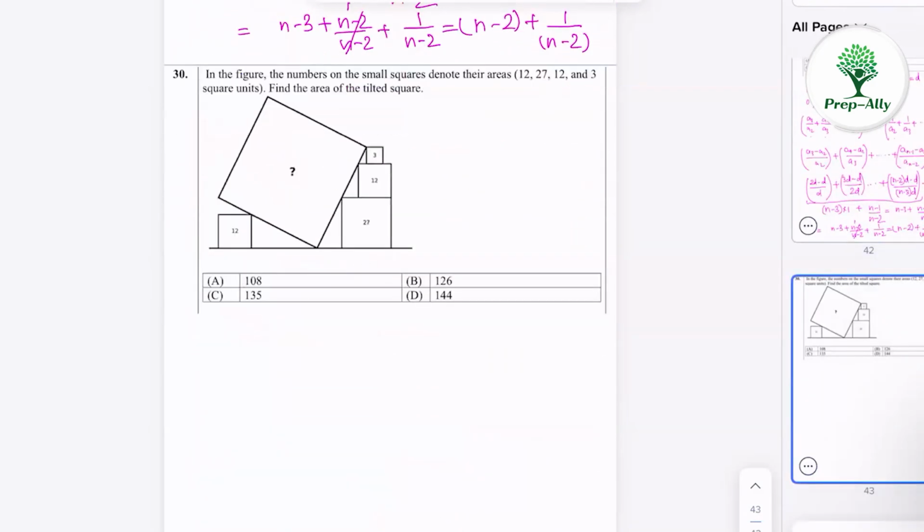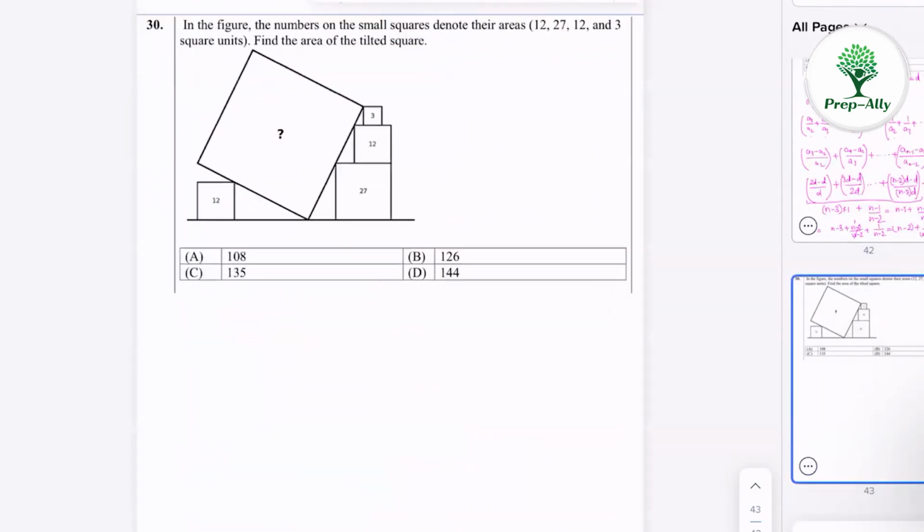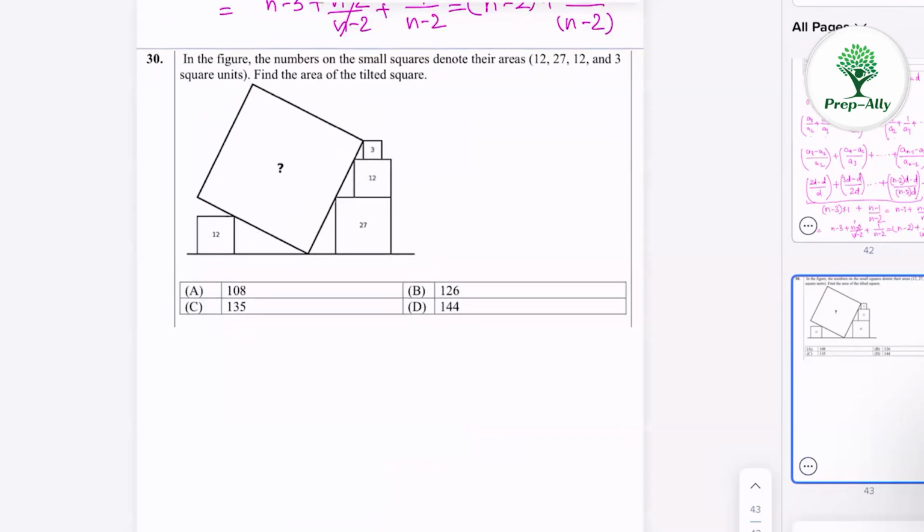Let's see the last question of this paper. So here we're given some squares and we're given the areas of the squares inside them. They're asking us to find the area of this tilted square. Now, let's see.